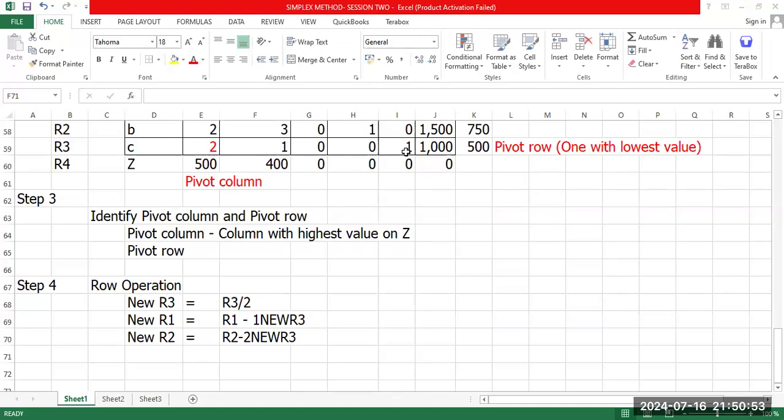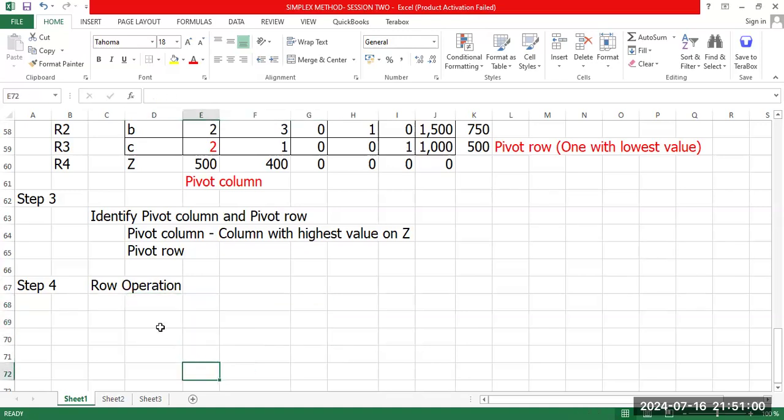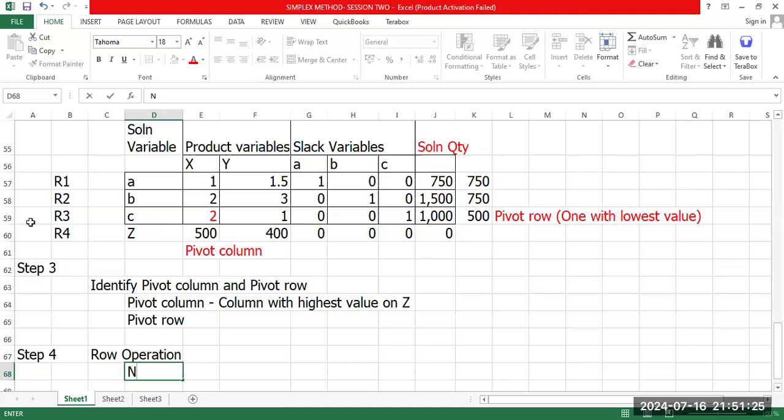Please elaborate more on row operation. If you understand this, it will be done. That will be the end of the story. Or you can repeat. I said the first step, once you identify pivot row and pivot column, the next step is row operation. For you to pass this number, you must always start with pivot row. And you ask yourself, your pivot row is on which row?